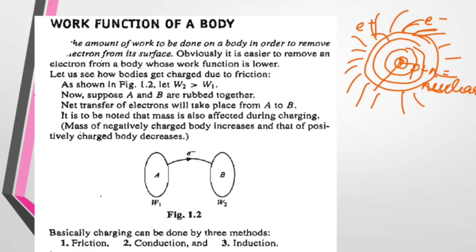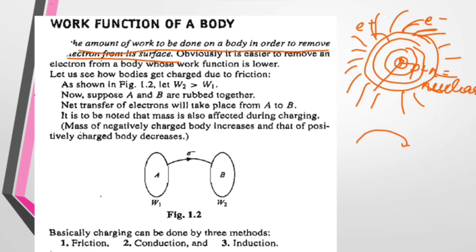Or if they are transferred to another body, then that becomes the negatively charged body. So the amount of work done to remove an electron from its surface is very low, it is easier.